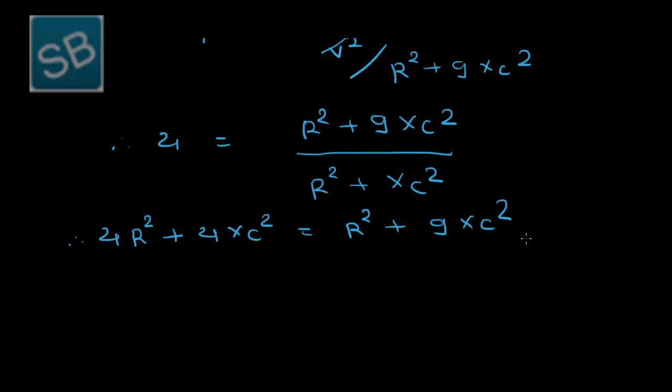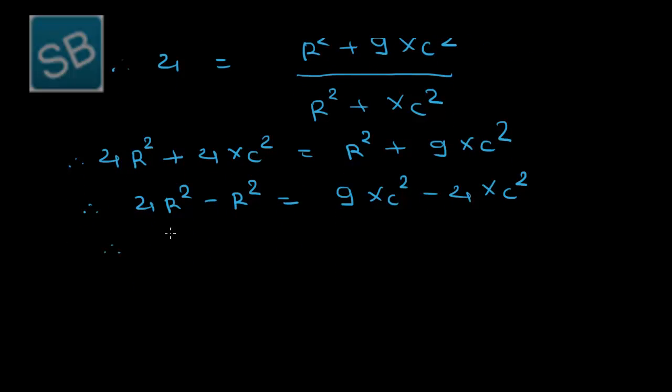Now let's get all the terms on one side. Therefore here comes 4R square minus R square is equal to 9XC square minus 4XC square, that is 3R square is equal to 5XC square. But your target is to find out the ratio of reactance and resistance.